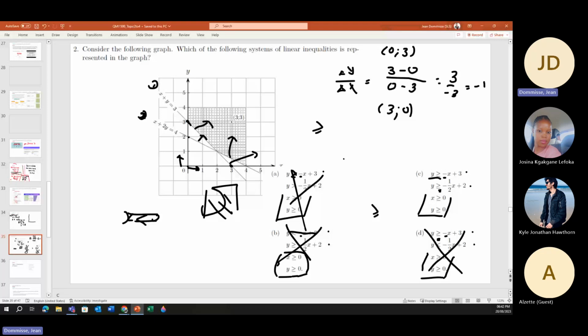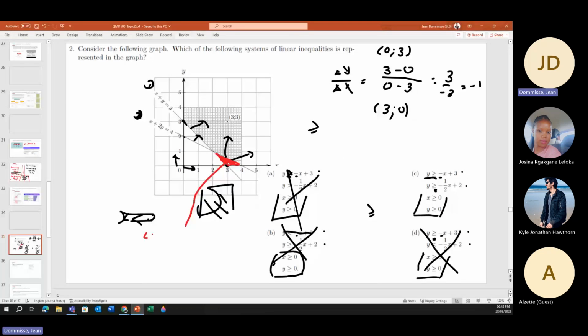If that was my, then I still would have had the top one that's bigger. Well, the top one that goes through there would have still been y is bigger or equal to minus x plus 3.